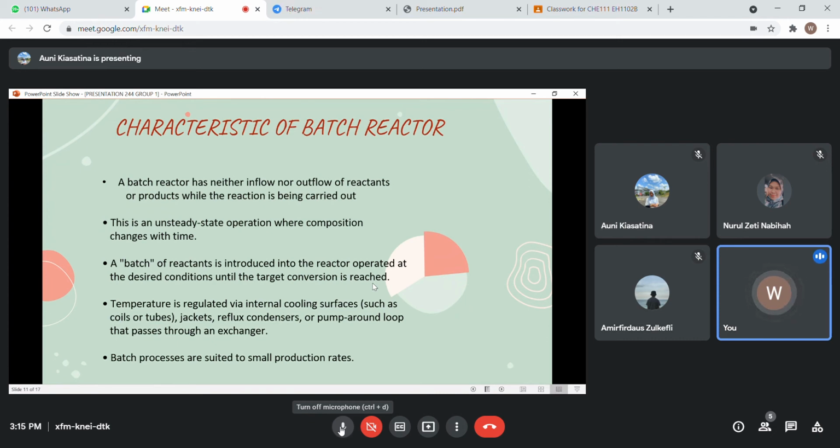Temperature is regulated via internal cooling surfaces such as coil or tube, jacket, reflux condenser, or pump-around loop that passes through an exchanger. Batch processes are suited to small production rates.